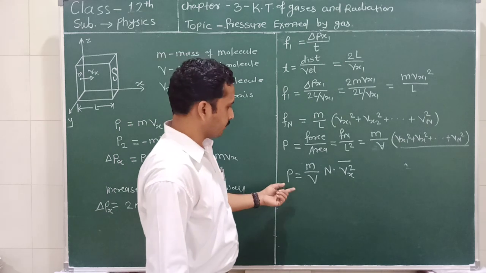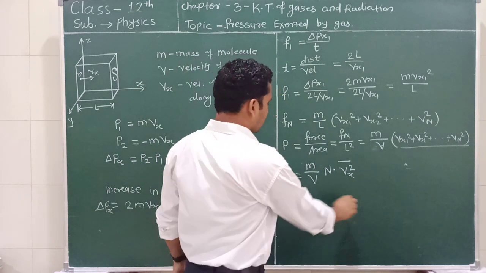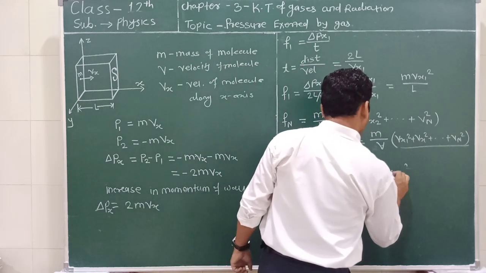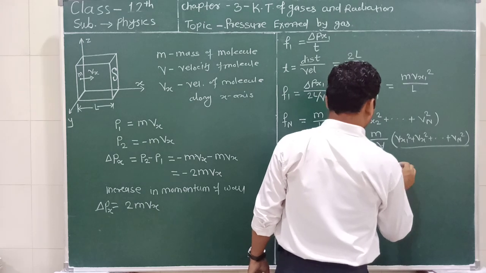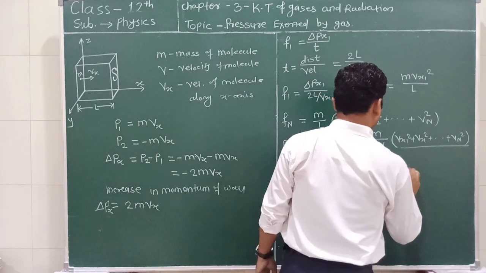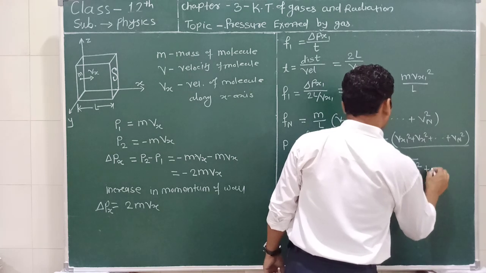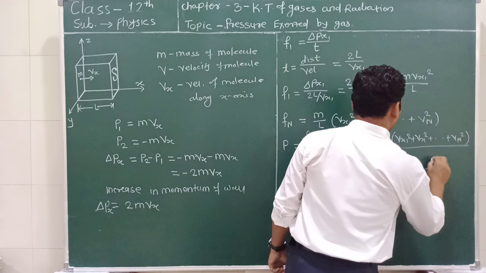Now by symmetry we consider that Vx square bar is equal to Vy square bar and equal to Vz square bar.